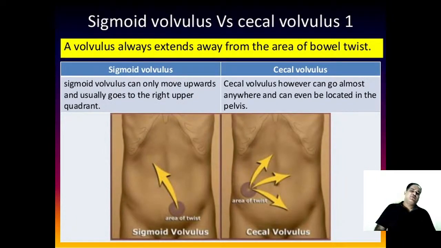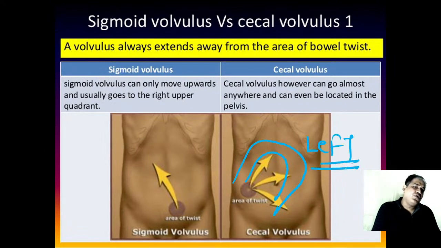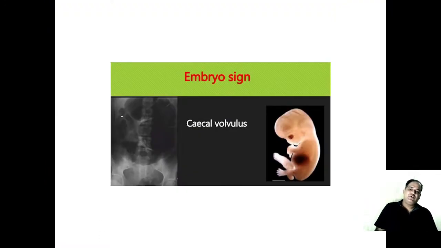Apart from that, you will have a dilated loop, and the convexity of the loop will be towards the left side. And you see here, it is towards the left side. So this is called as embryo sign.